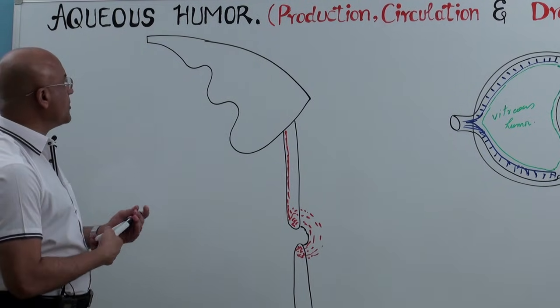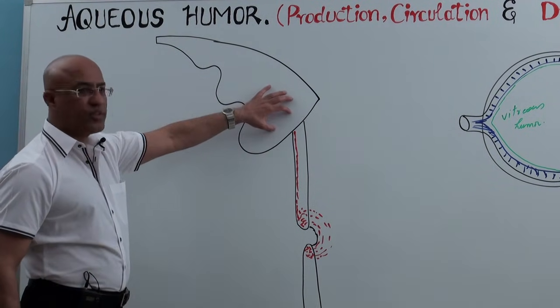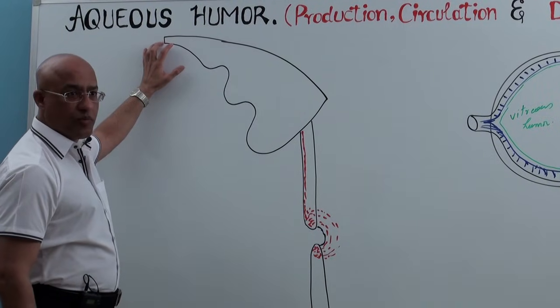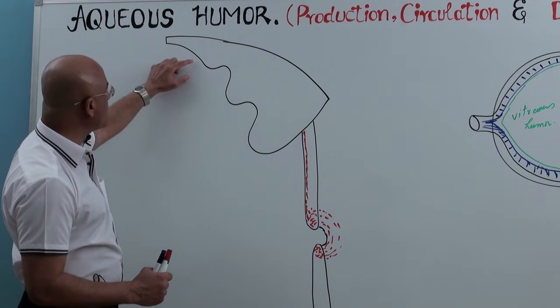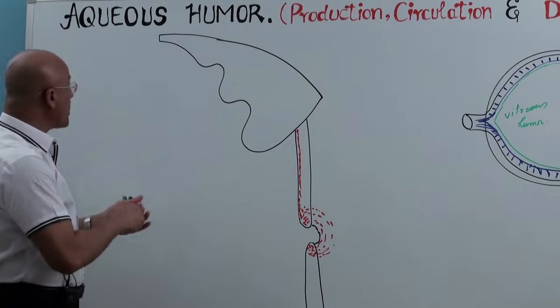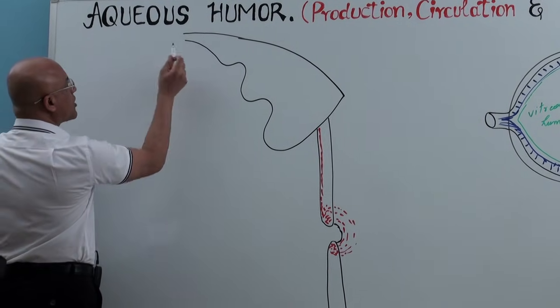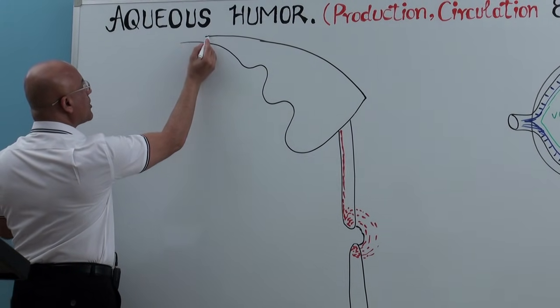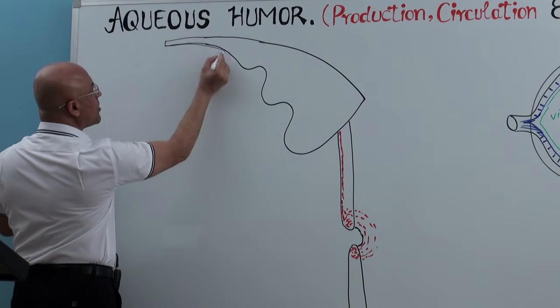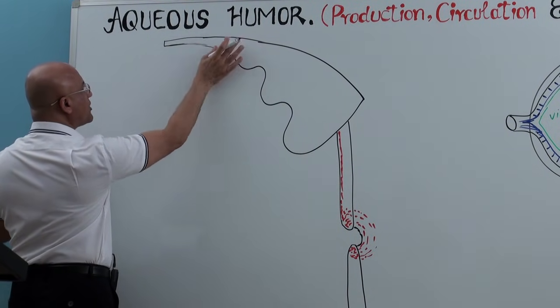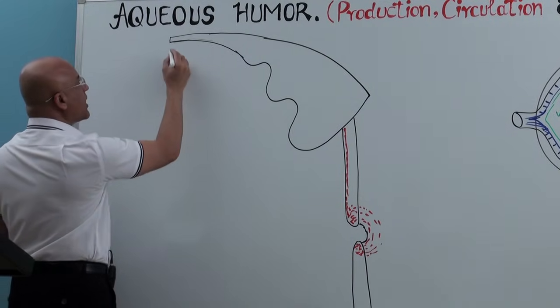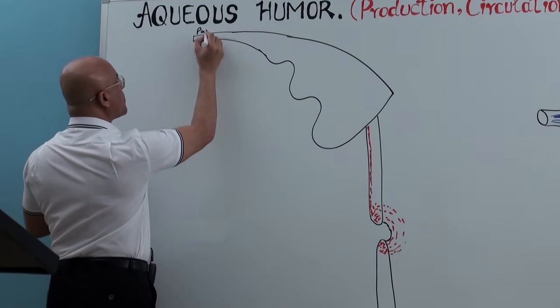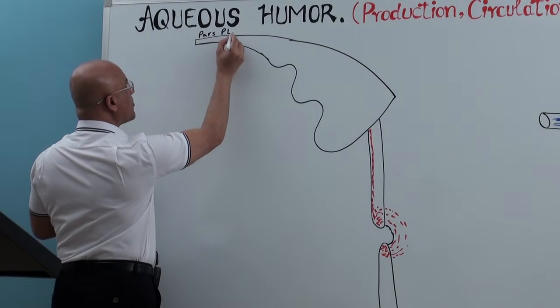Now the ciliary body has one part which is anterior, the other part which is posterior. The anterior part has folds and the posterior part is plane. The posterior part of the ciliary body, which continues with the choroid, is plane. Right? Because the structure is plane, the posterior part of the ciliary body is called pars plana.